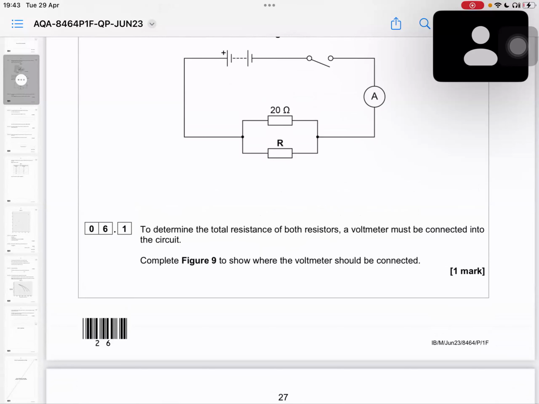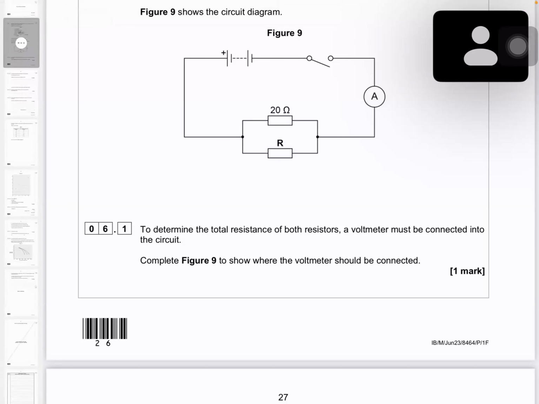I can't annotate on your screen, but if we were to put a voltmeter, we'll put the voltmeter across the two resistors, where the two resistors are. Could you help me do a sketch there?